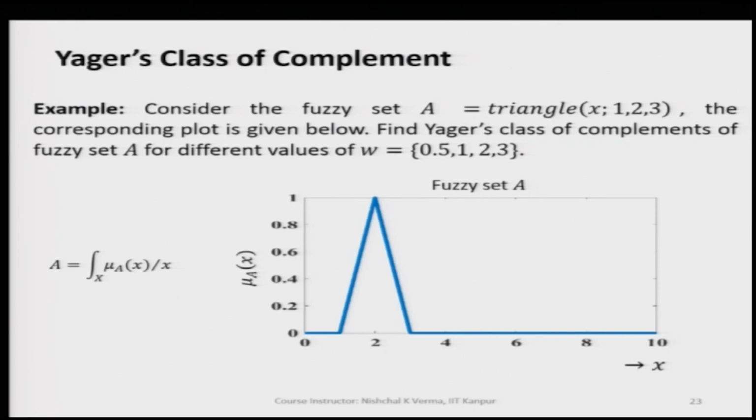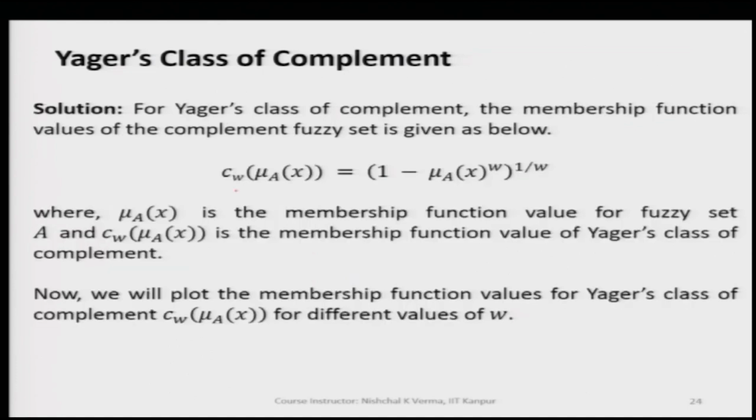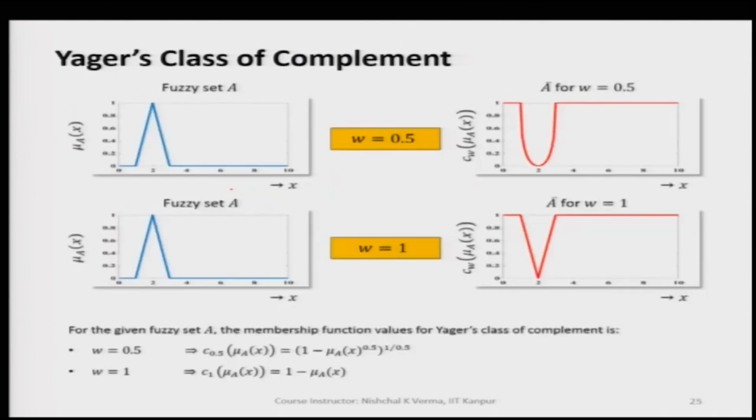Here we would like to find the Jaeger's class of complement on the continuous fuzzy set A, and we have here the set of W's that we will be taking, and let us see what we are getting as the output of the Jaeger's complement of the fuzzy set A. So, let us now apply Jaeger's complement and see what we are getting.